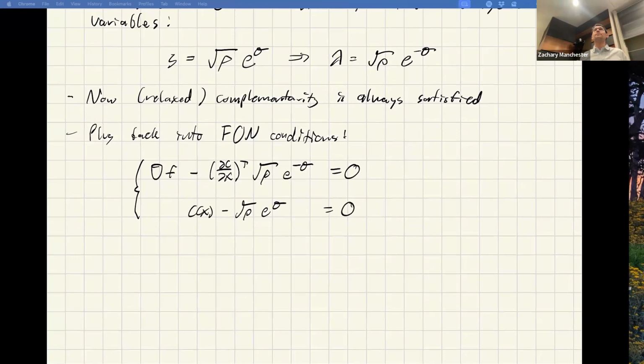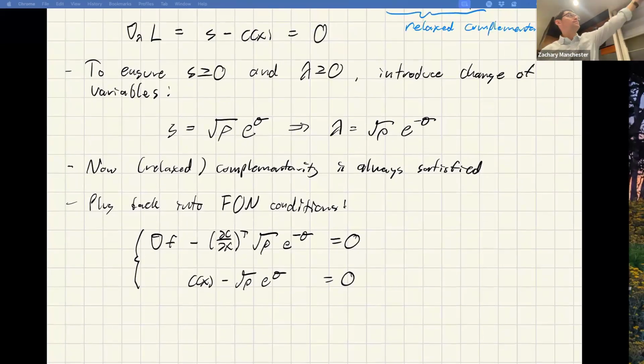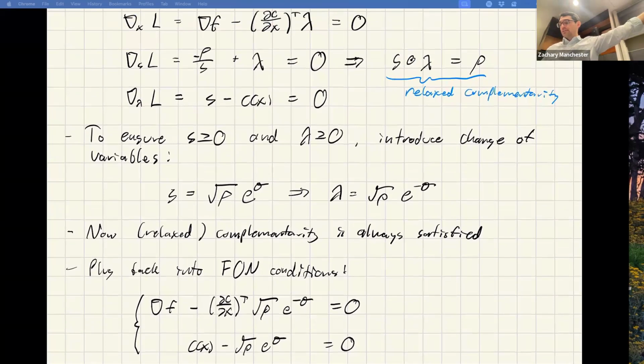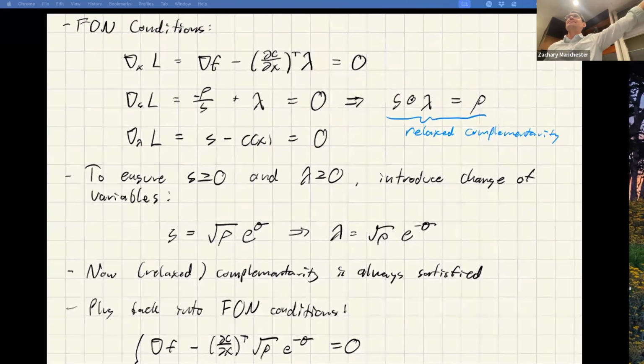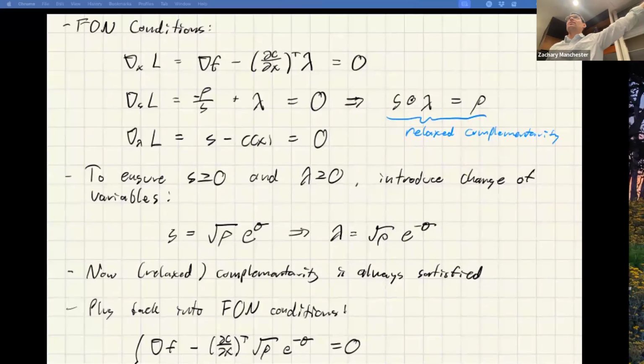I made it up. It's a change of variables. So S equals square root rho e to the sigma, I just made that up as a change of variables. The reason I chose that is because it guarantees S stays positive, right? And then the side effect is if I plug it into this relaxed complementarity up here, S times lambda equals rho, then lambda has to be that in order to satisfy that condition.